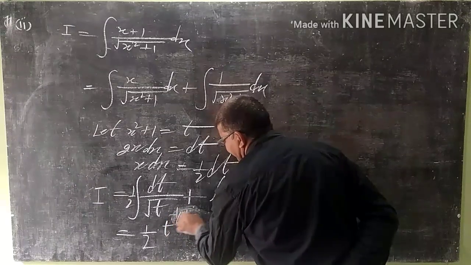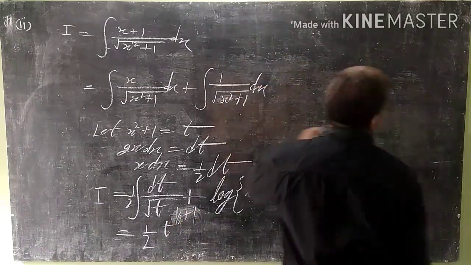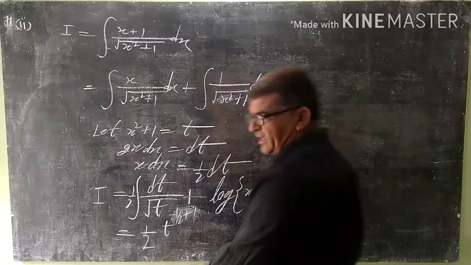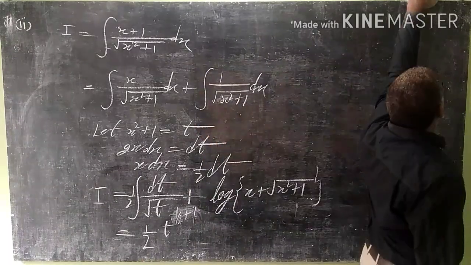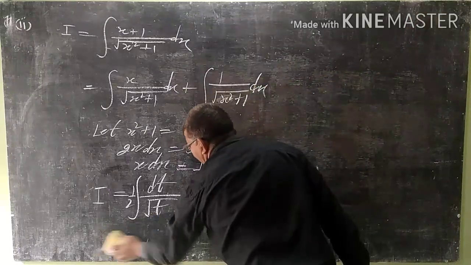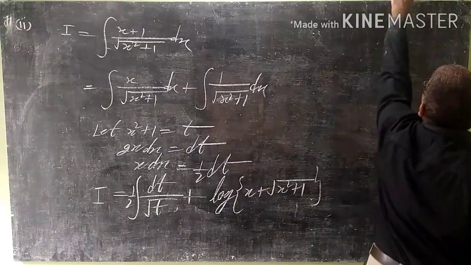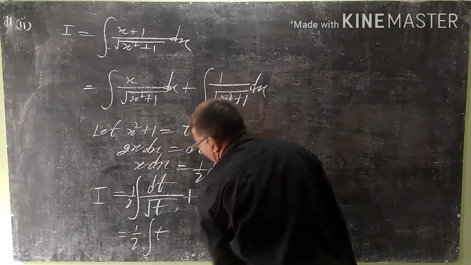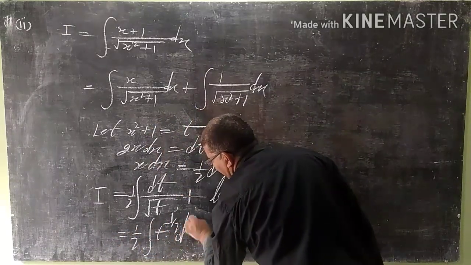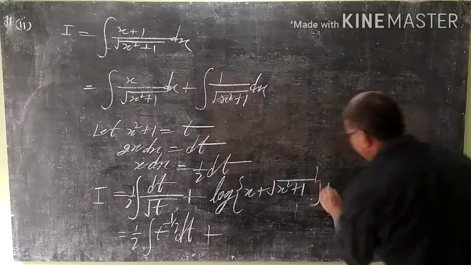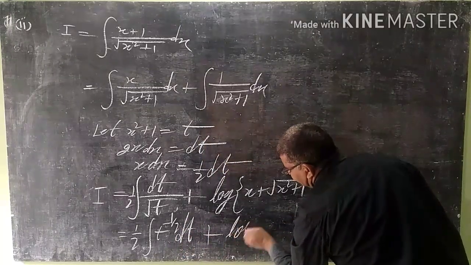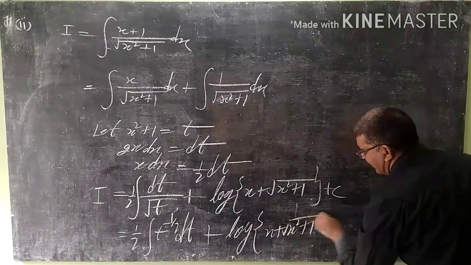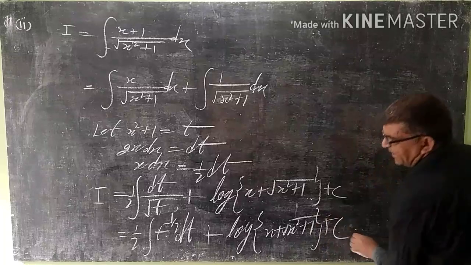I write one step for you so that it will become easy for you. You can write it here 1 by 2 t to the power minus 1 by 2 dt plus log x plus under root x square plus 1 plus c.